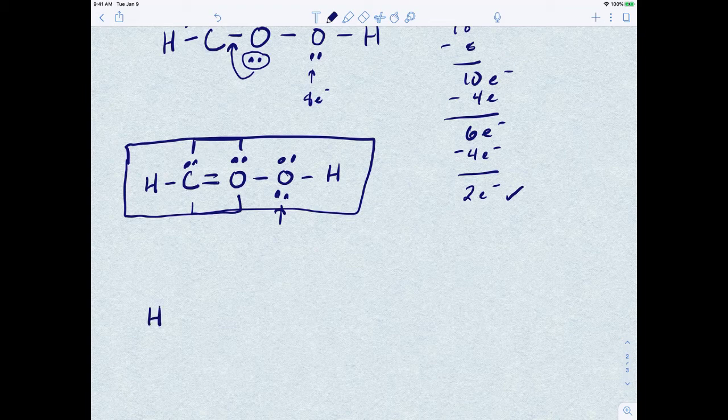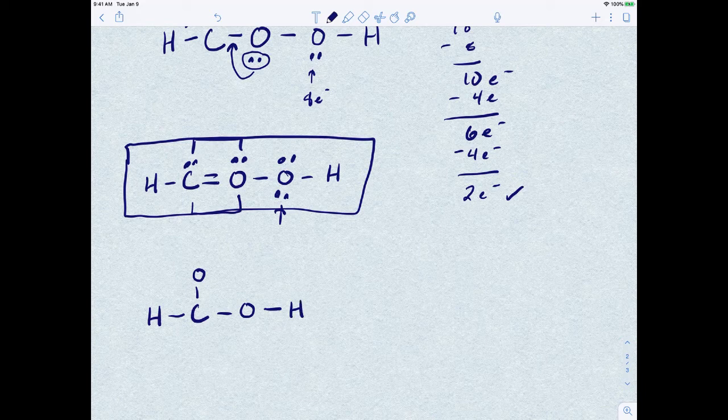Let's start with the hydrogen connected to the carbon. That was okay. Now, what if this carbon was actually connected to both oxygens? So I'm going to put one oxygen on the top and then one oxygen on the right, and let's make the oxygen on the right connected to the hydrogen. So we're going to have something like this.